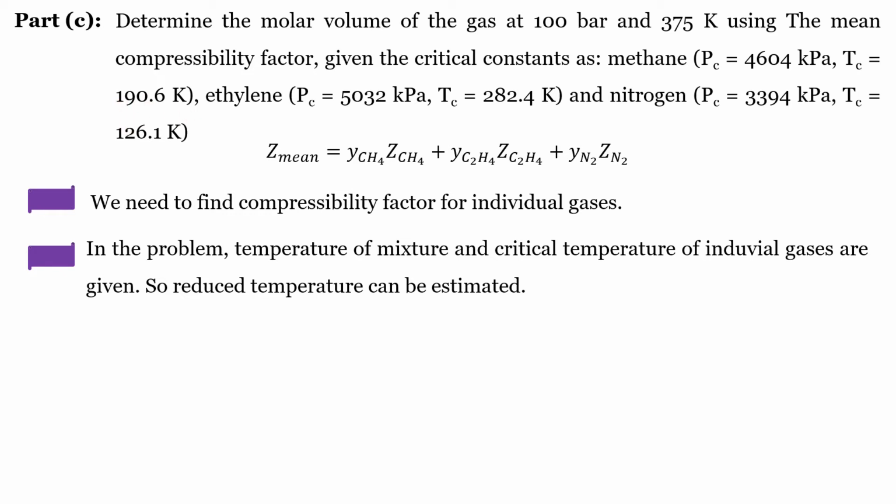But if we want to find out the reduced pressure, then in the problem total pressure is given and we want to find the reduced parameter for individual component. So which pressure should we use? Because this one is the total pressure. So we should use the individual pressure of methane, then we find out the reduced pressure, else we can use the total pressure.